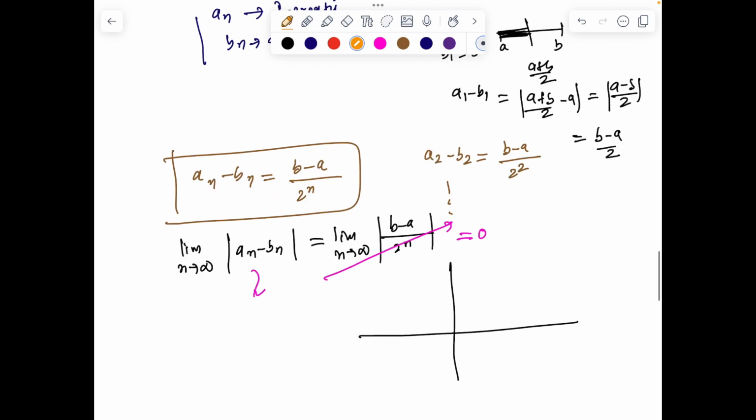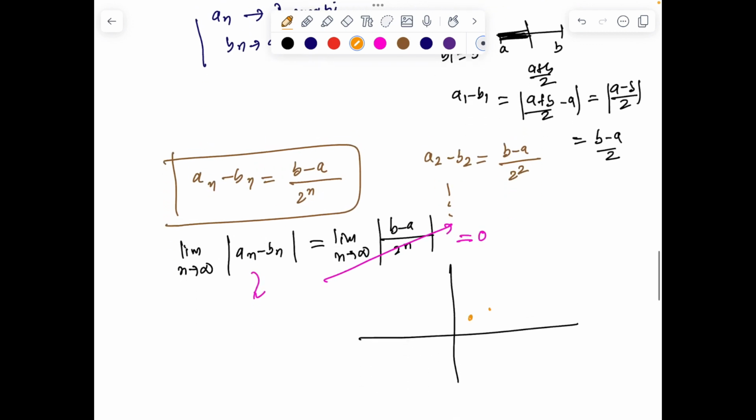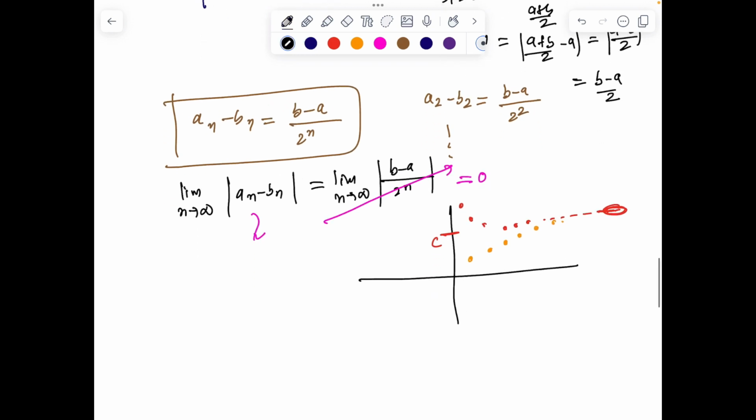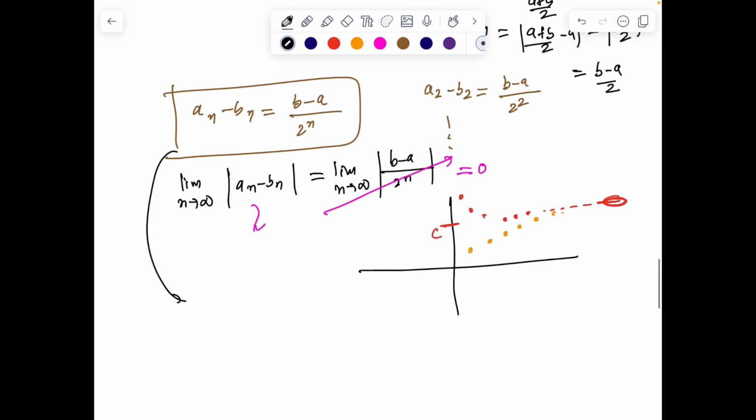It means if I take, let's say, a1, which is an increasing sequence a2, a3, a4, a5, a6, and I start with some b1 which is a decreasing sequence b1, b2, b3, b4, b5, b6, and so on. So at infinity, they will try to go towards a certain value c. That is because of the continuity of the function. So we know there is a real number c in this interval where the limit tries to converge to.